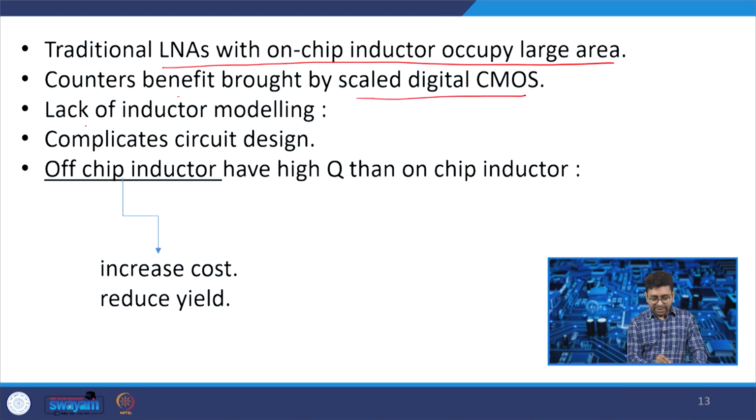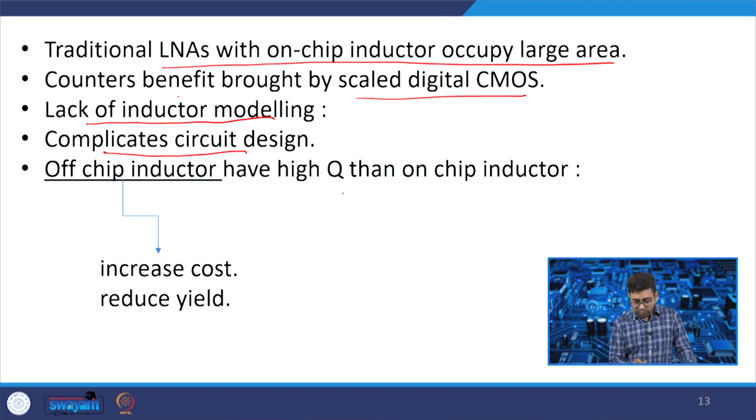There is also a lack of inductor modeling in many technologies, and it complicates the circuit design. So if your sensitivity requirement is not stringent, then you can use a low noise amplifier without inductors, and off-chip inductors can also be used.